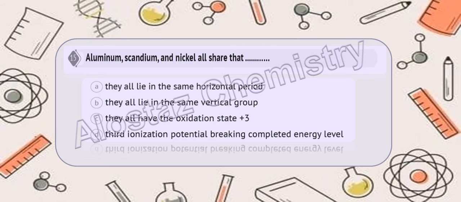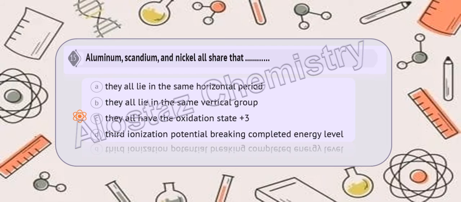If we concentrate on aluminium, scandium, and nickel, all of them lose 3 electrons, so the most stable oxidation state is +3. It's a more important question, as nickel and scandium are transition elements whose most stable state is +3. Aluminium has 13 electrons and loses 3 electrons, and it is not a transition element but a representative element.